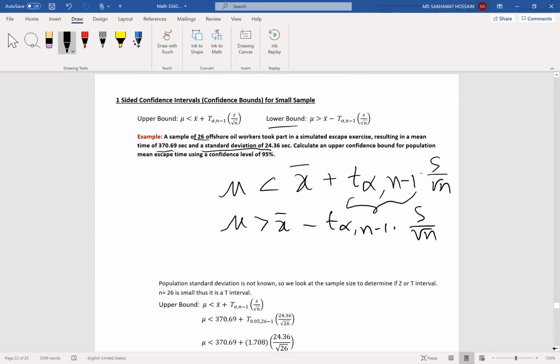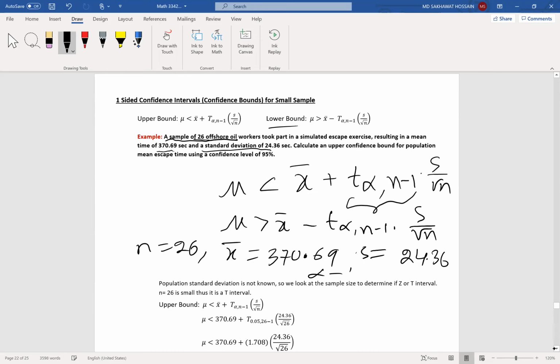How do we know this is the sample standard deviation? Because this is the standard deviation of a sample, right? So we are given S and the sample size n. Here n is 26, X bar is 370.69, S is 24.36.